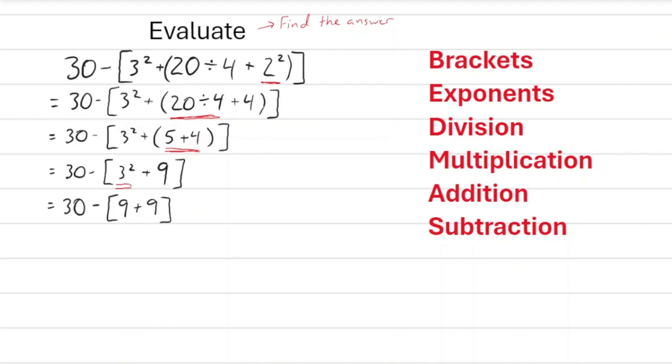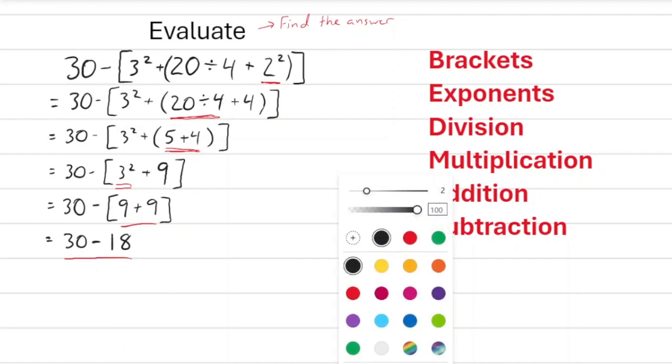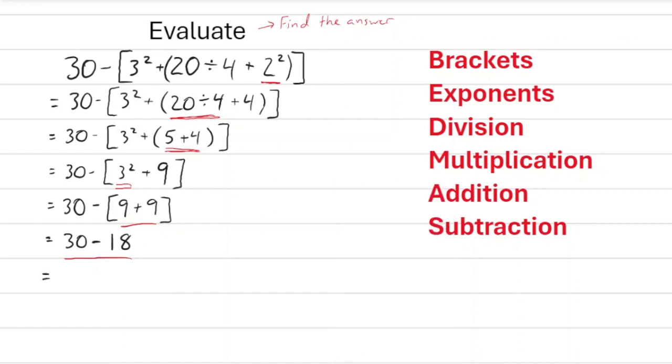That's the last bit of work to do in there. So that's going to be 30 minus 9 plus 9 is 18. And we can finally do the last step, 30 minus 18. So there we go. 30 minus 18, if memory serves, that is 12.